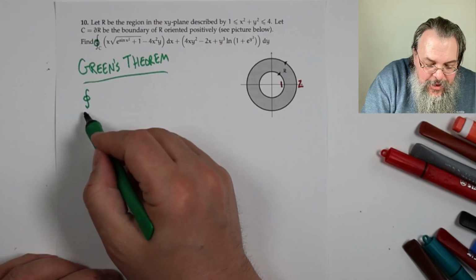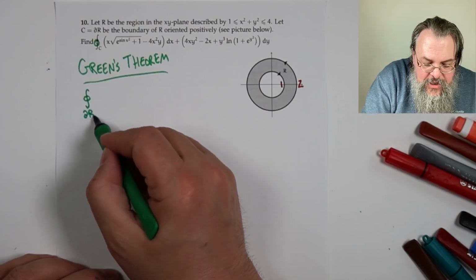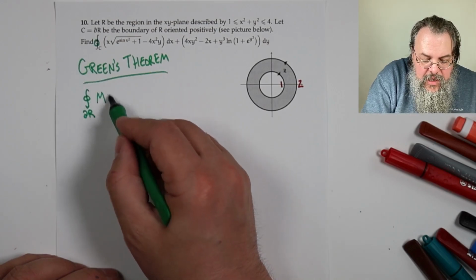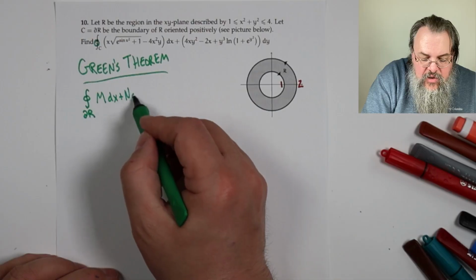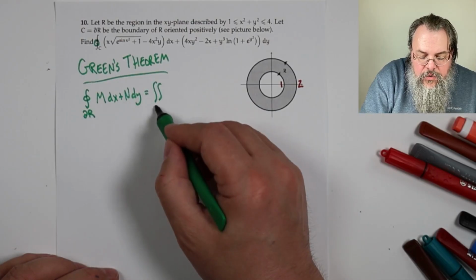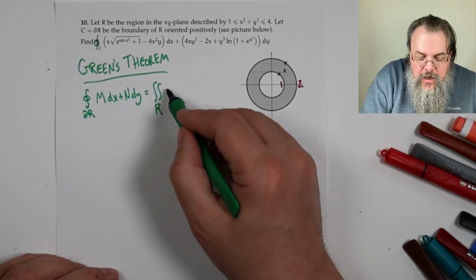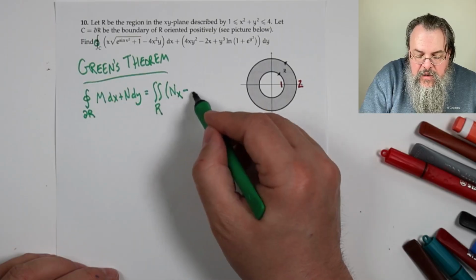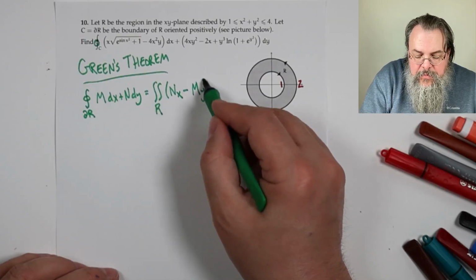So the integral along the boundary of our region, and that's what C is, that's the boundary of our region, of M dx plus N dy is equal to the integral over our region of N derivative with respect to x minus M derivative with respect to y.